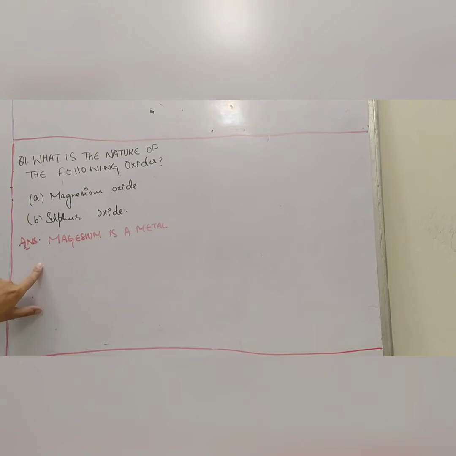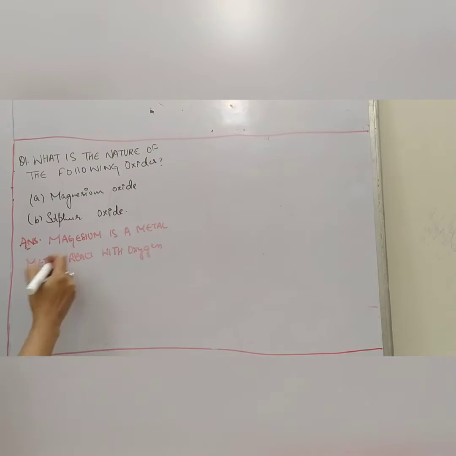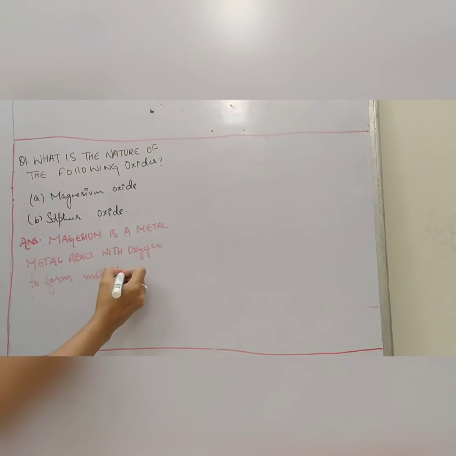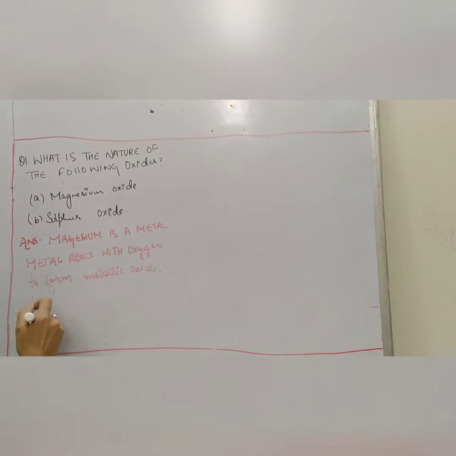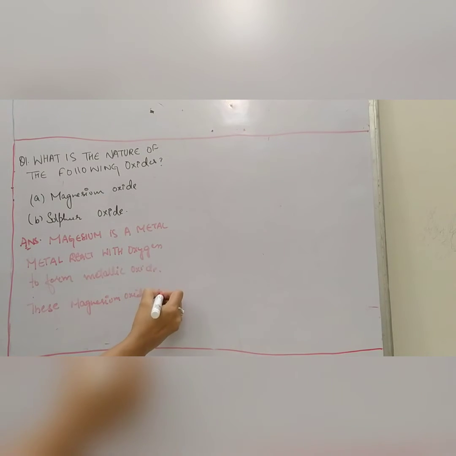So when metal reacts with oxygen to form metal oxide, hence these magnesium oxides are basic in nature.